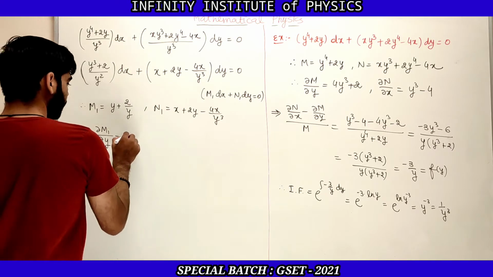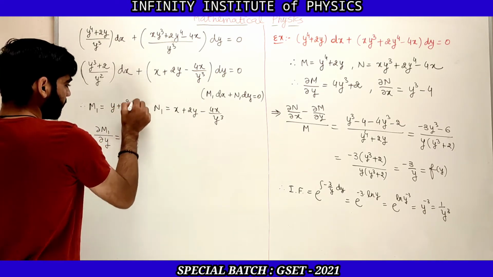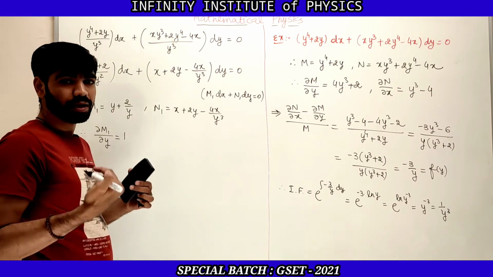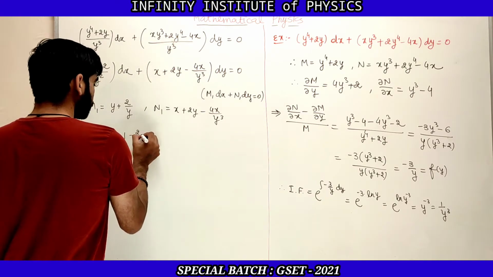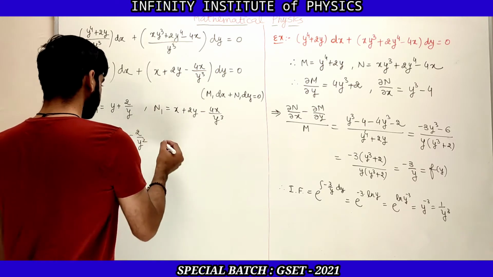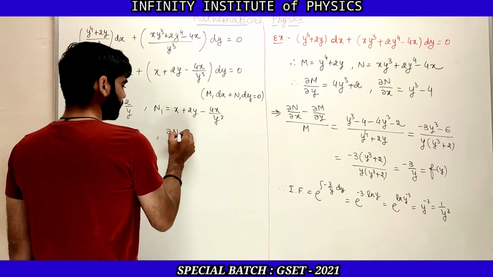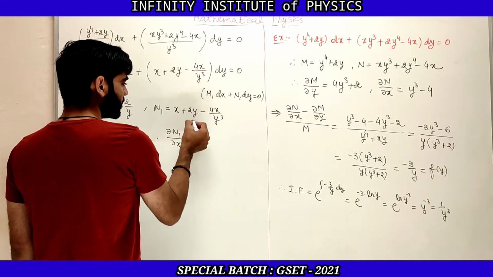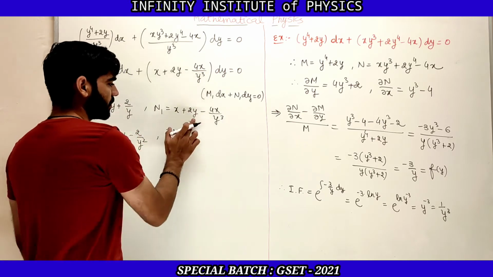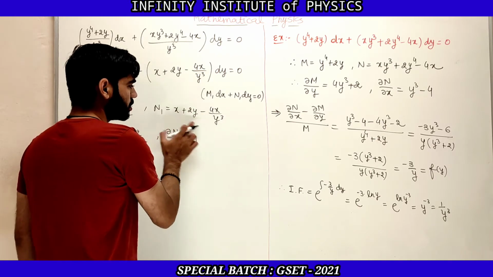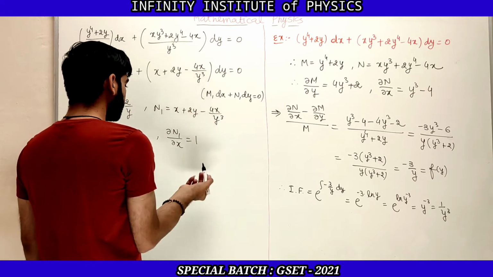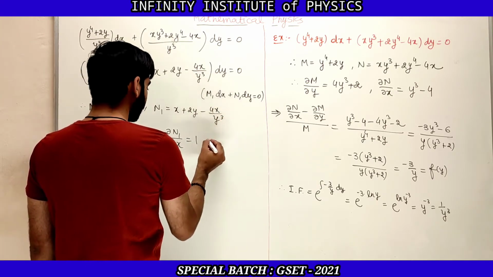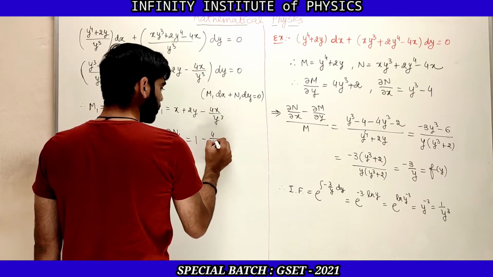Differentiation of y is 1, and differentiation of 2 by y, differentiation of 1 by y is minus 1 by y square, then it will be minus 2 by y square, and del n1 by del x. So differentiation of x is 1, differentiation of 2y is 0, and differentiation of minus 4x by y cube is minus 4 by y cube.